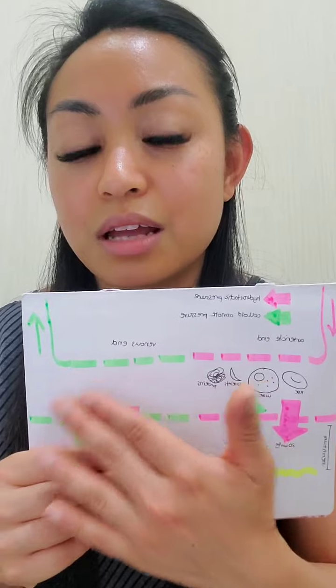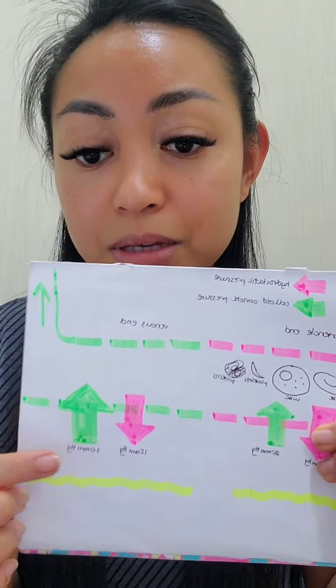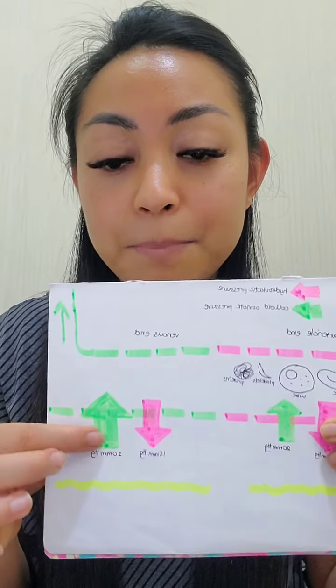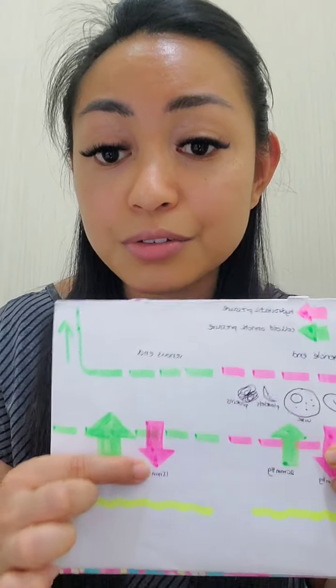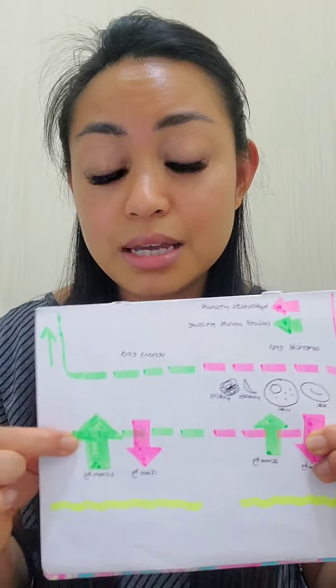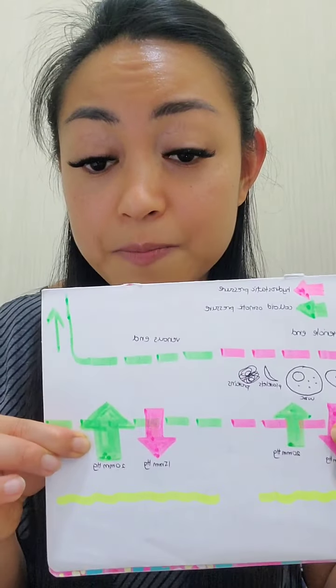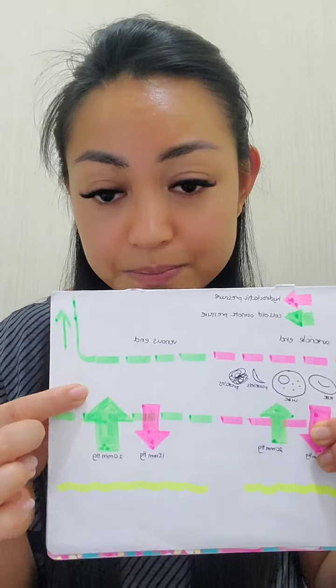So they're still going to exert around about the same amount of pressure, which is 20 millimeters of mercury. So this means that the pushing in force is greater than the pushing out force. So the net force here is 5 millimeters of mercury, and the direction is towards the capillary.